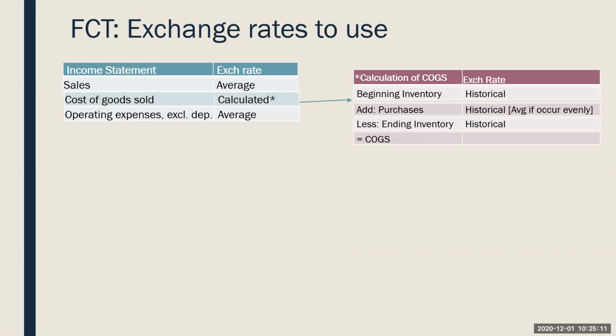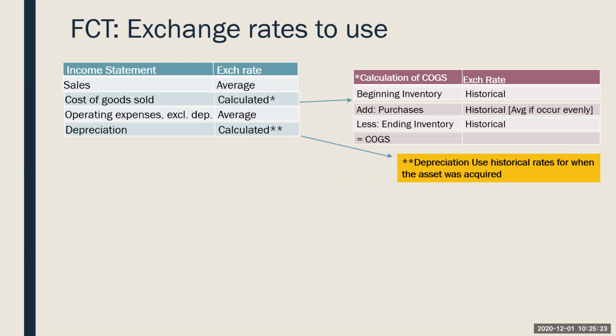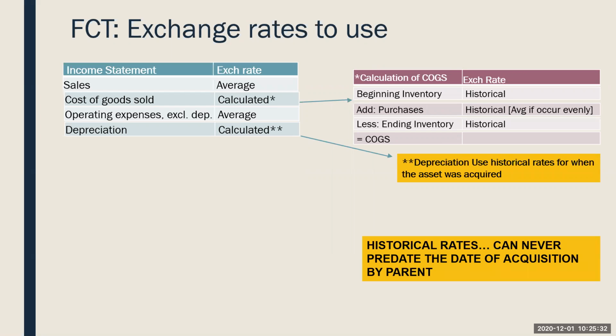Operating expenses, with the exclusion of depreciation, are translated using the average rate. Depreciation is calculated, and for depreciation, we want to use historical rates for when the asset was acquired. Do keep in mind that historical rates can never predate the date of acquisition by the parent.